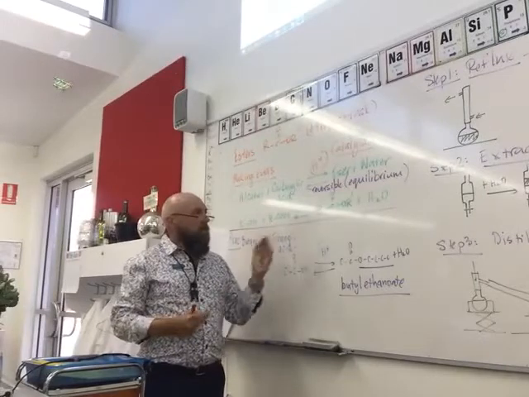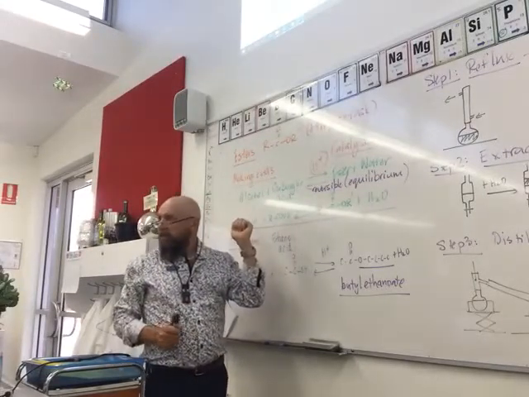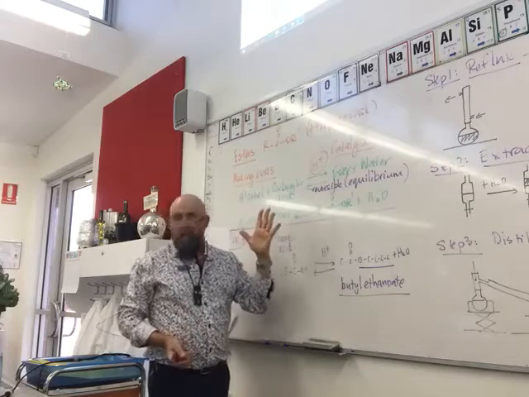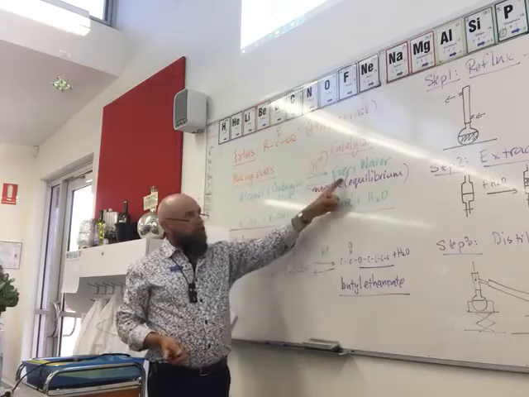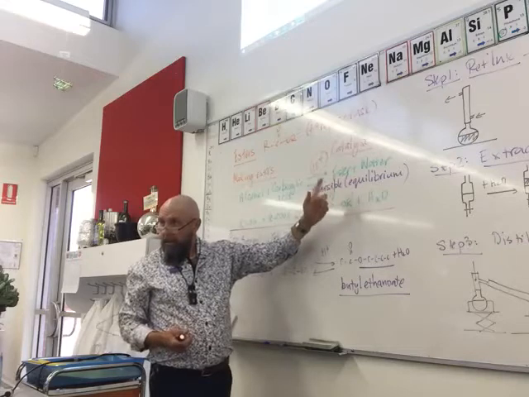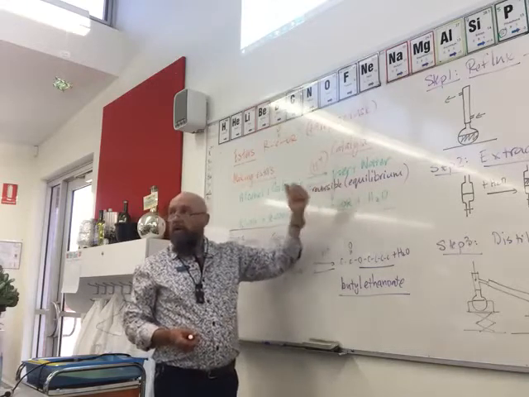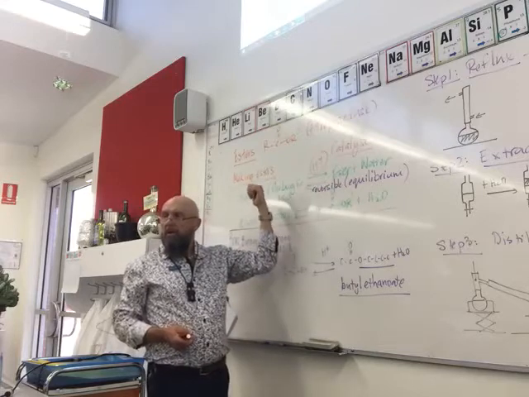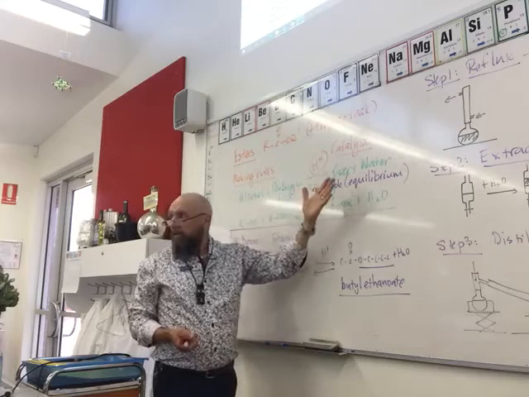So the reaction actually goes forward and backward at the same time. So we've got a problem. As soon as we make the ester, it starts to react with the water and it goes back to make the alcohol and the carboxylic acid again. We can't avoid that. Okay, it's going to happen.